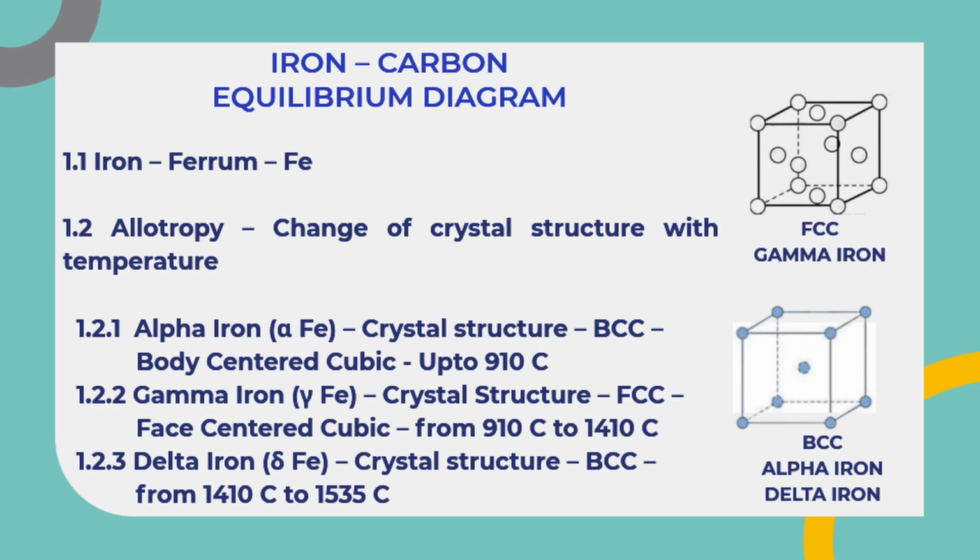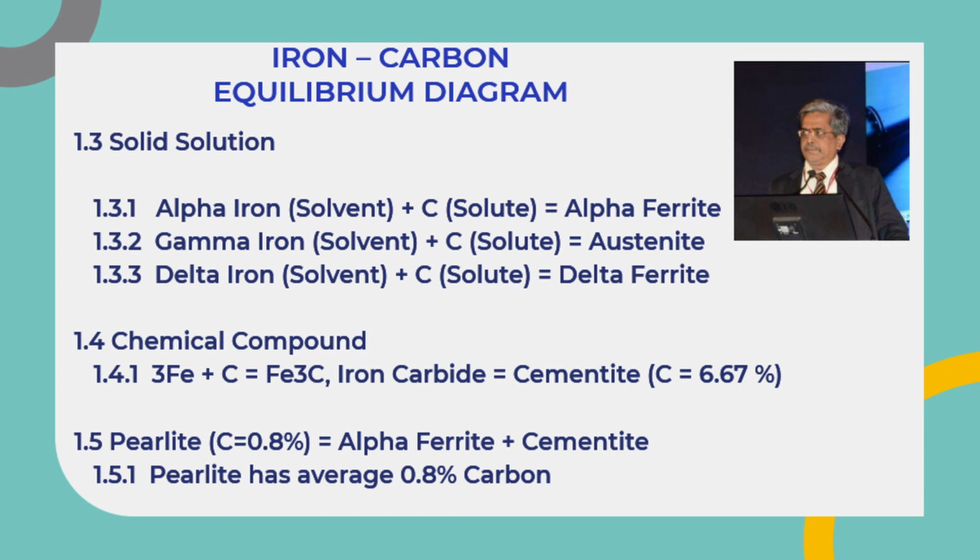Now there is a term called solid solution. It is just like a liquid solution. It has a solvent and a solute. When alpha iron is the solvent and carbon is the solute, the solid solution is called alpha ferrite, or it is also called ferrite. When gamma iron is the solvent and carbon is the solute, the solid solution is called austenite.